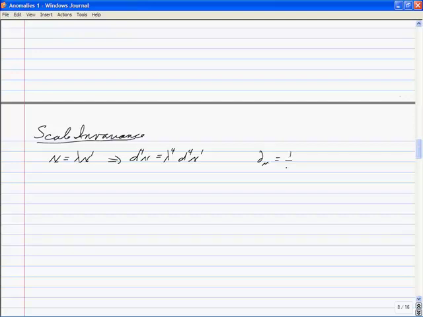D mu goes like 1 over lambda d mu prime. We'll also scale all our fields. We'll take A mu of x equal to lambda to the minus 1 A mu of lambda x prime.